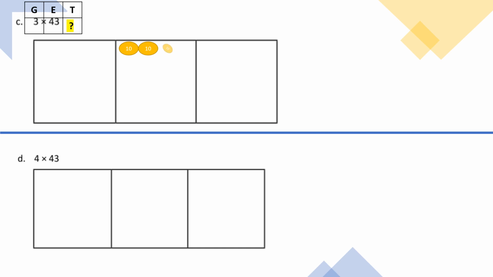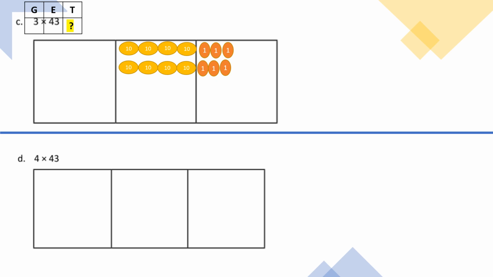So we're going to use 10 discs for the 40 and 1 discs for the 3. So you need to create 3 rows just like that because you need 3 rows of 43. That's our first row. Let's create our second row. 10, 20, 30, 40, 41, 42, 43.